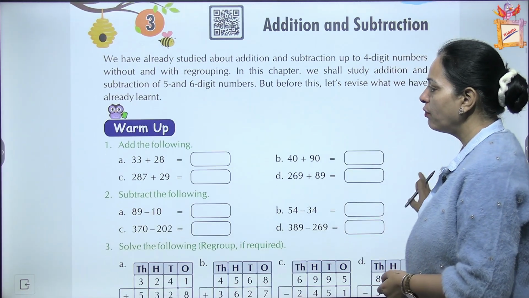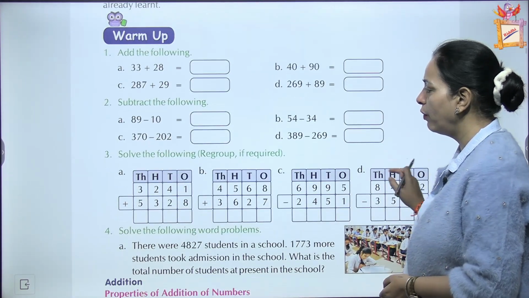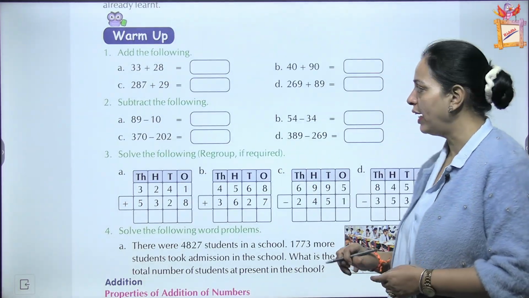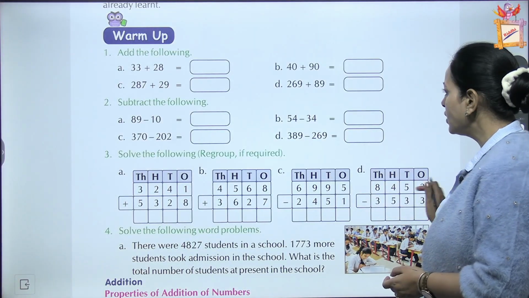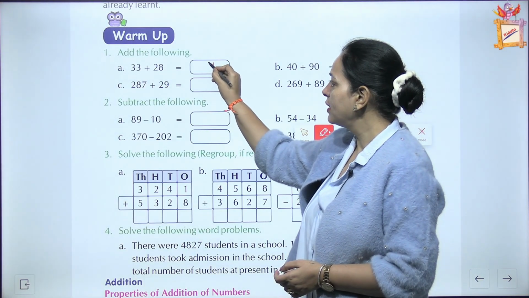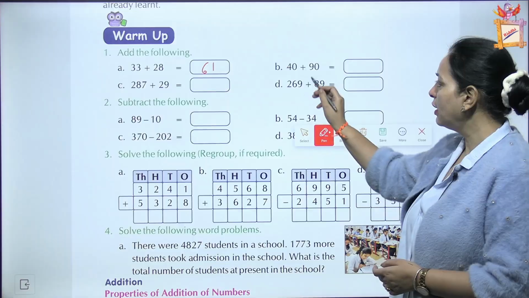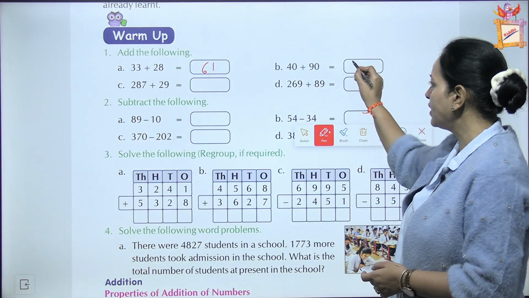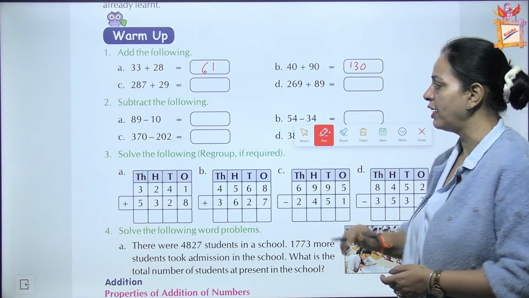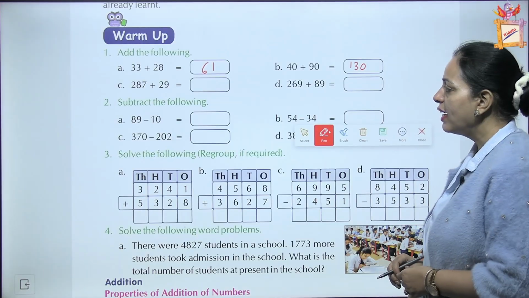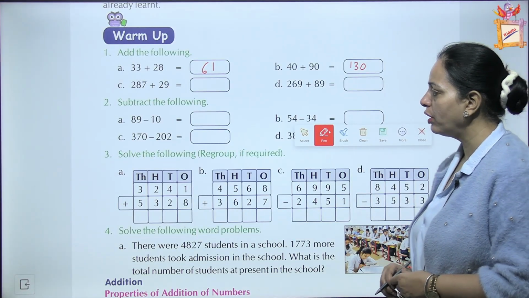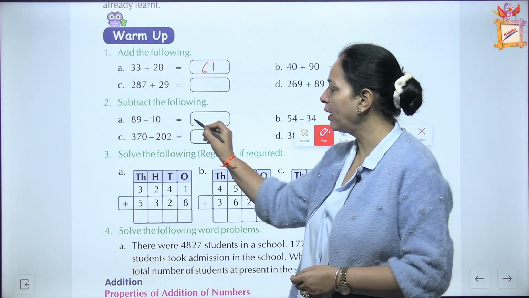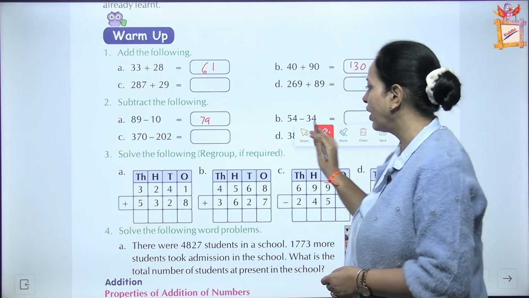So warm up. The first one, add the following, you know very well, 33 plus 28. So what will you get? We will get 61. Similarly, B part, 40 plus 90, 130. So we can try the remaining parts. Second question is, subtract the following. Like A part, 89 minus 10, 79.